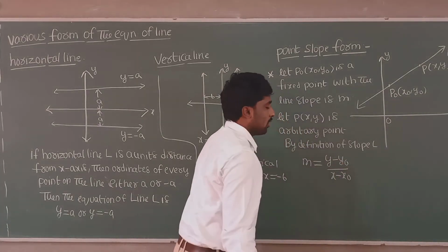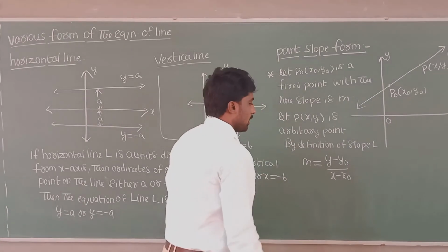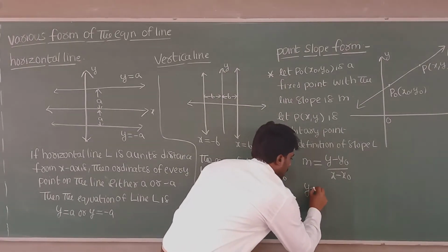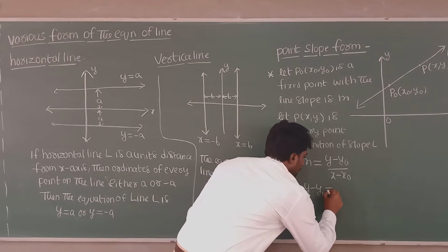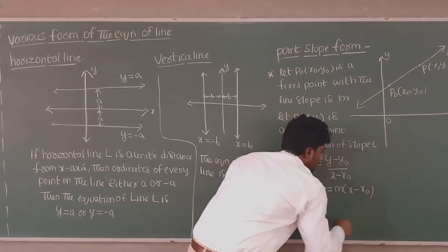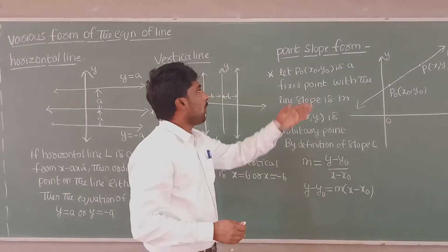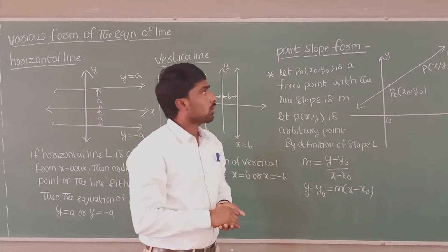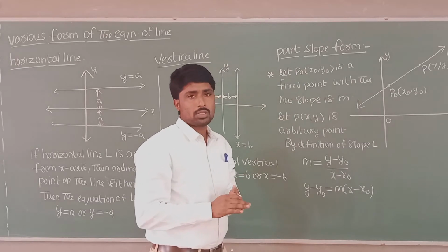Is it clear, everyone? Now this x minus x naught, if I cross multiply this side, what will I get? y minus y naught equal to m into x minus x naught. So this is called the point slope form of a straight line.